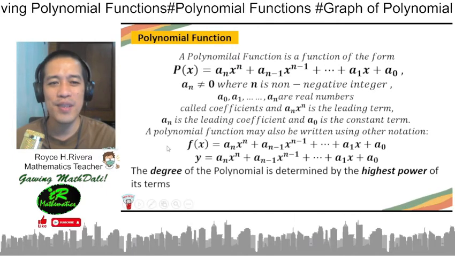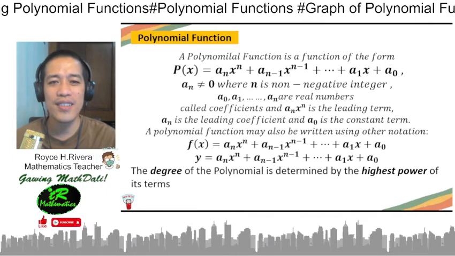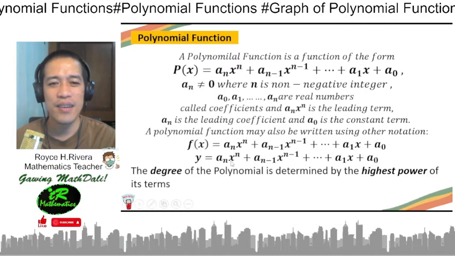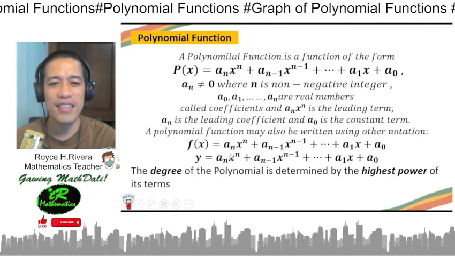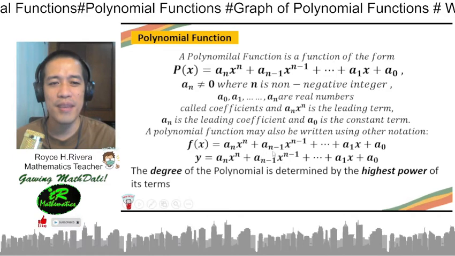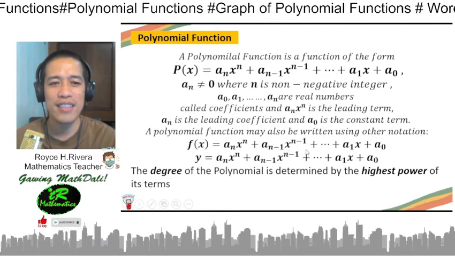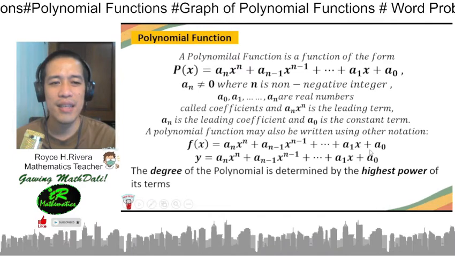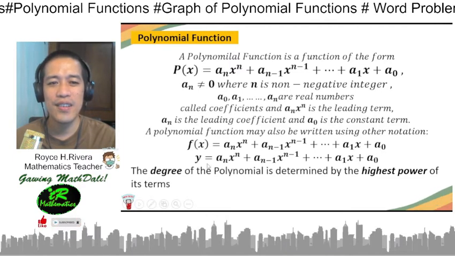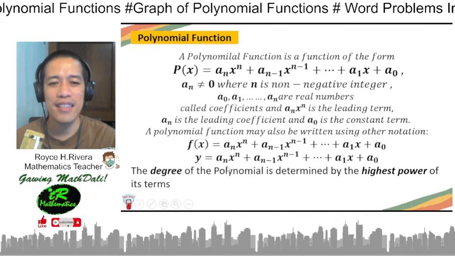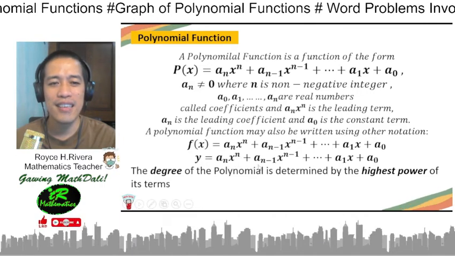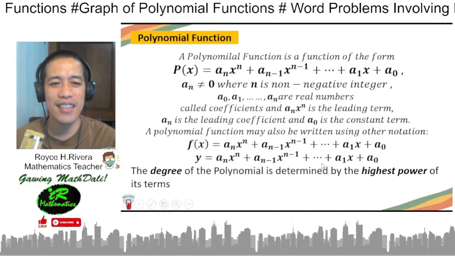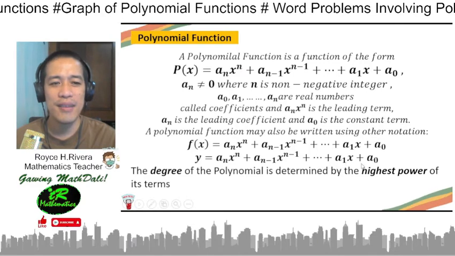A polynomial function may also be written using other notation such as f of x equals a sub n x raised to n plus a sub n minus 1 x raised to n minus 1 plus dots plus a sub 1 x plus a sub 0, or y equals a sub n x raised to n plus a sub n minus 1 x raised to n minus 1 plus dots plus a sub 1 x plus a sub 0.